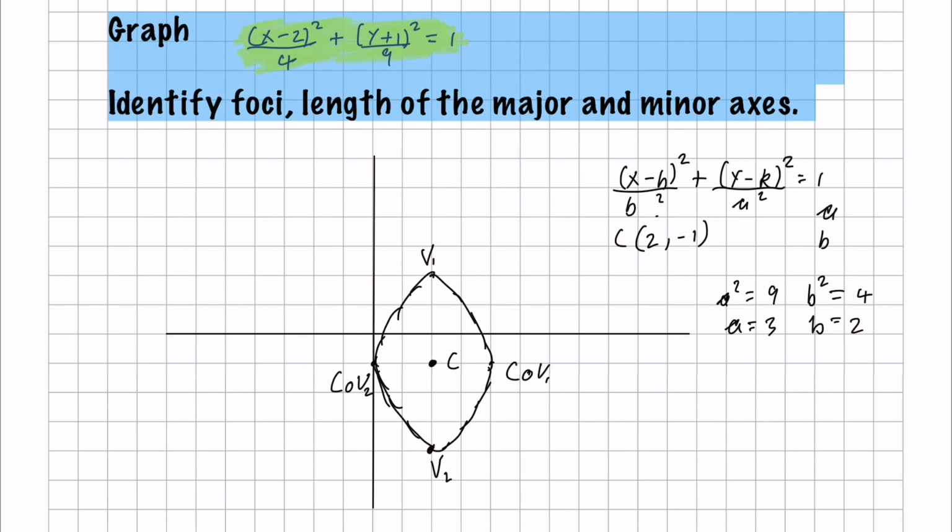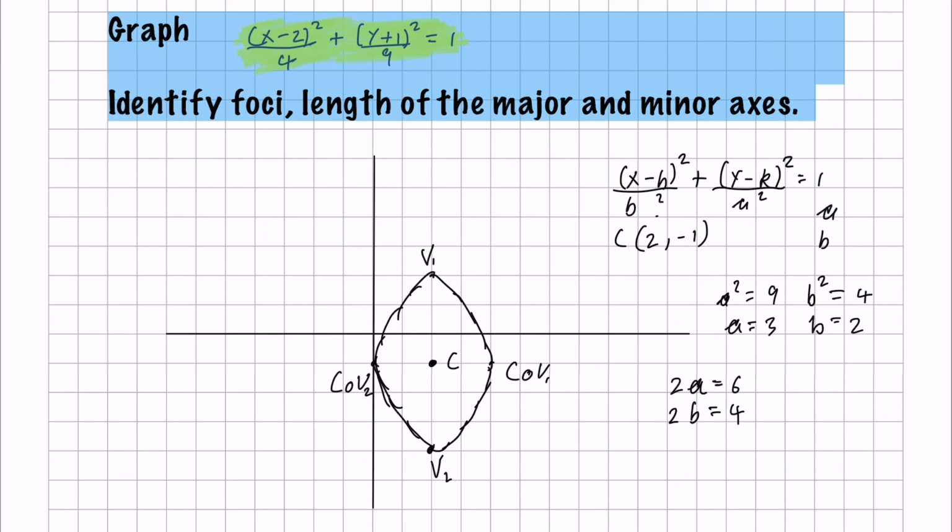Let's find the length of the major and minor axes. The major axis is equal to 2a, which is 2 times 3, which is 6, and the length of the minor axis is equal to 2b, which is 2 times 2, which is 4. So these are our major and minor axis distances. And now we have to identify the foci.